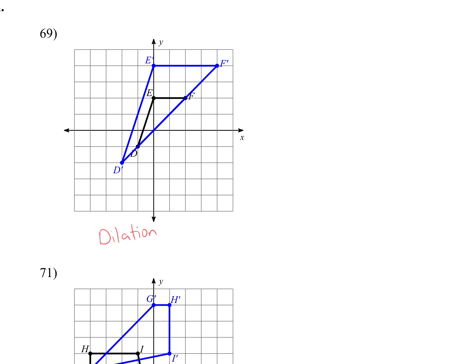No. It does not matter. I'm just going to pick F. So what are my coordinates of F prime? 4, 4. What are my coordinates of F? 2, 2. So if I divide those, 4 divided by 2 gives me 2. So it's a dilation of 2. Or if you said enlargement by 2, that's good too.